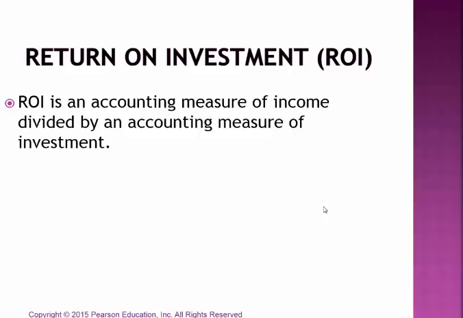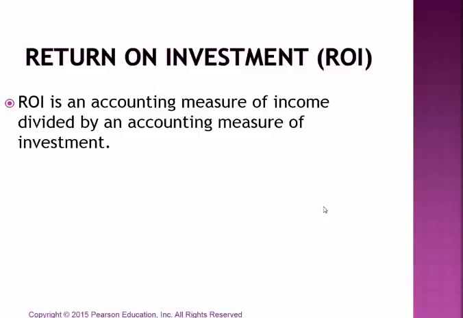This particular one right here is the most widely used. It blends all of the ingredients of profitability. How is that? We have revenues, we have cost, and we have investments, and they're blended into one ratio. So our formula for ROI is income divided by investments.